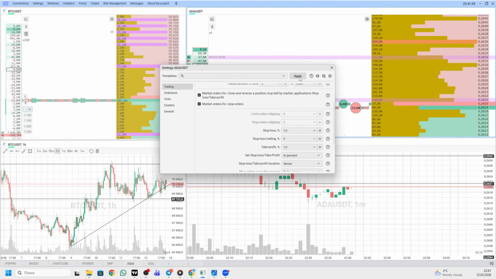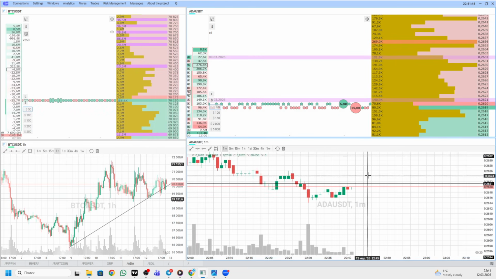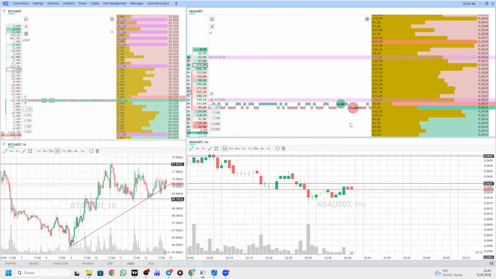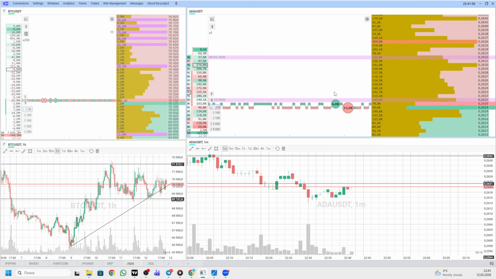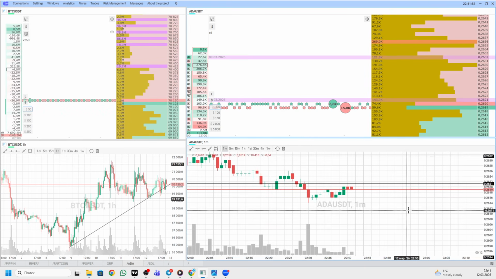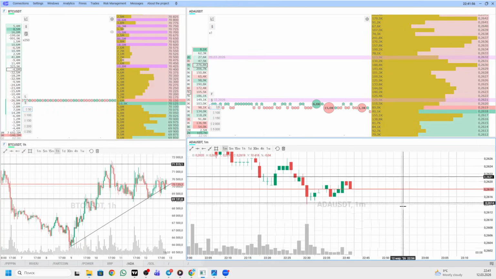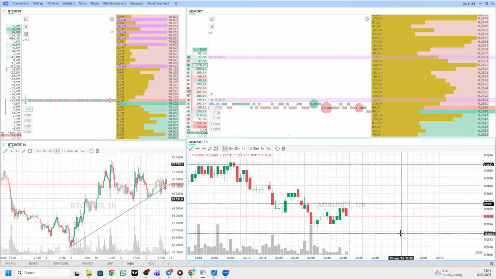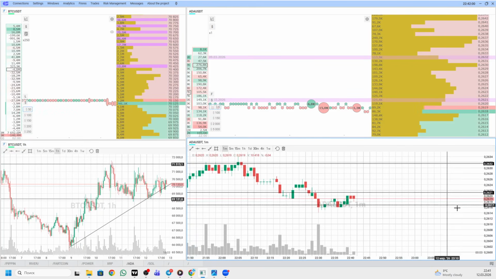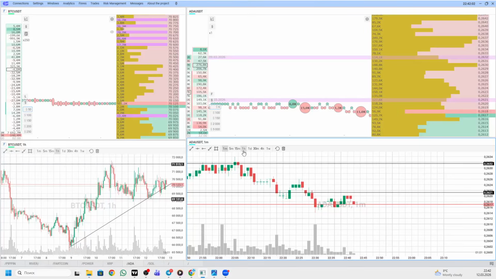You put it here, you press apply, and that's all. Your stop loss and take profit is set. Okay, I wanted to show you, but it's not getting into this zone. Okay, let's do another way.